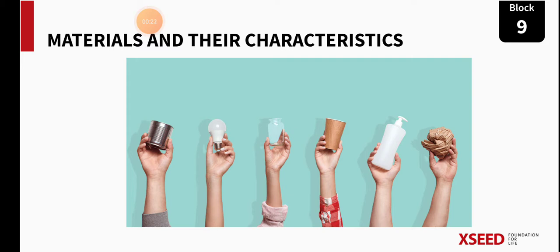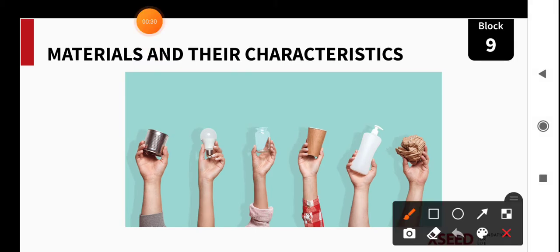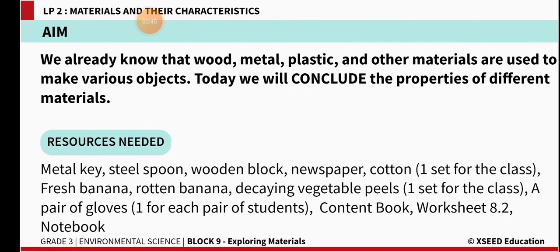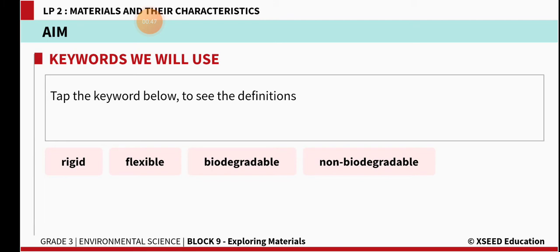In today's class you are going to learn about the characteristics of different materials, what characters different materials show, and how to identify their characteristics. So our lesson today is materials and their characteristics. Here you can see the keywords which are given.